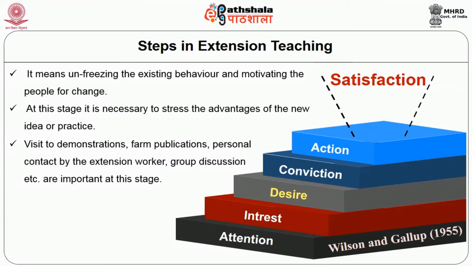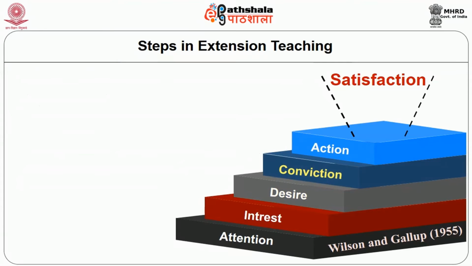The methods followed may be visits to demonstrations and farm publications, through which you can give more information about this innovation. Personal contacts may be taken up by the extension workers, and group discussions may be held among the farmers. These are the important methods used to arouse the desire of the farmers.